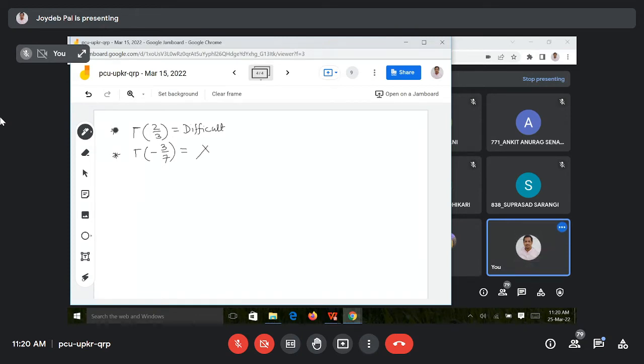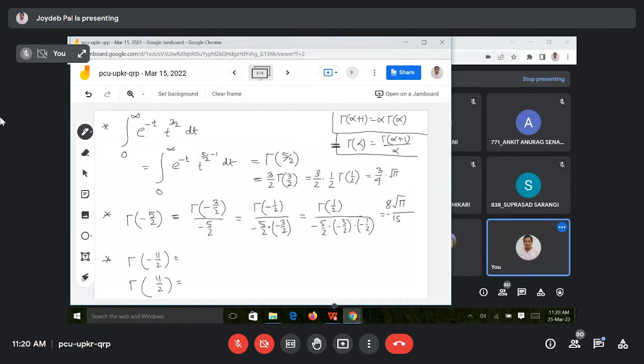These are very tough actually. So this type of question may come only whenever alpha is of the form minus of something by 2 or plus of something by 2.